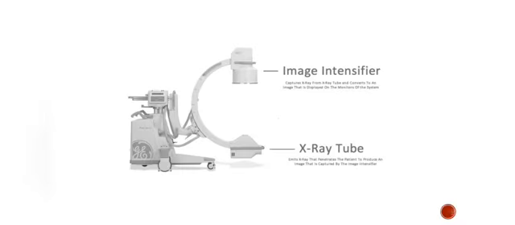In this image you can see a standard C-arm, and in the upper portion you can see the image intensifier and in the lower portion you can see the X-ray tube which usually emits the X-ray beams.